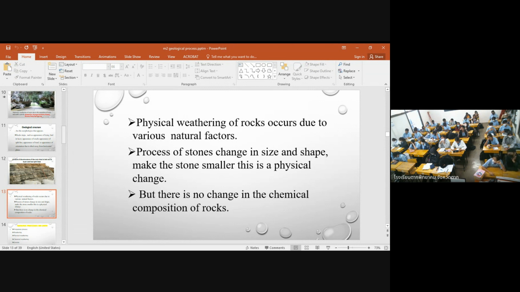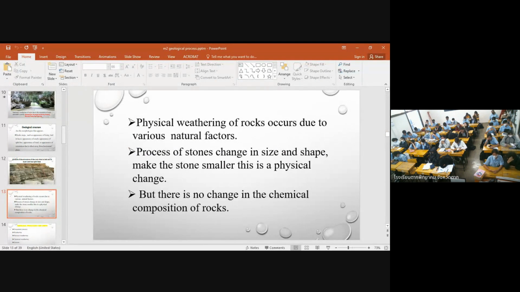But there is no change in the chemical composition of rock. I told you earlier that even if the stone becomes smaller, there is still no change in the chemical composition of rocks or stone. So when someone asks you about this, if the process changes the stone's size and shape, you just answer: because of physical change.